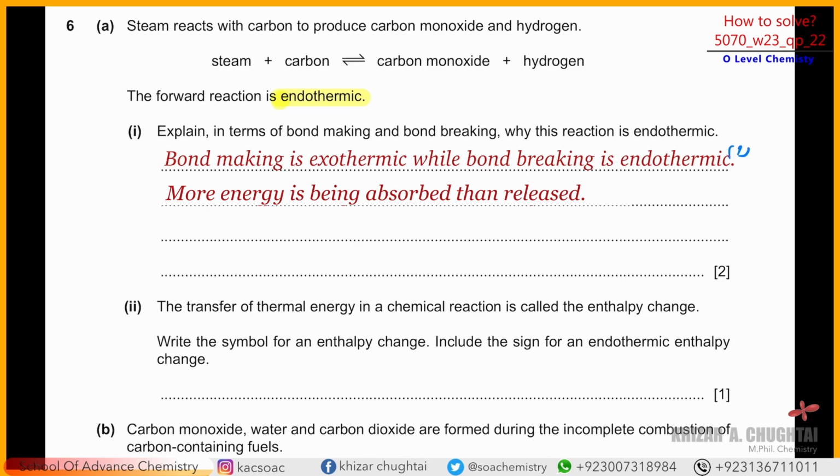You can also write a third, extra point: as this is an endothermic reaction, stronger bonds are being broken than the bonds formed.